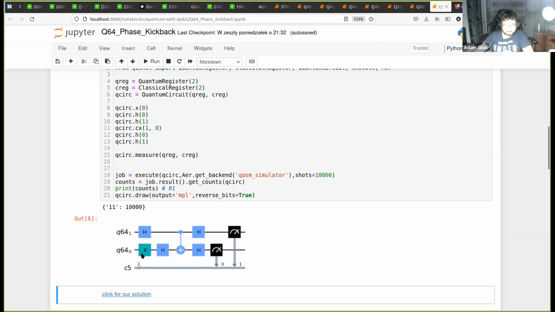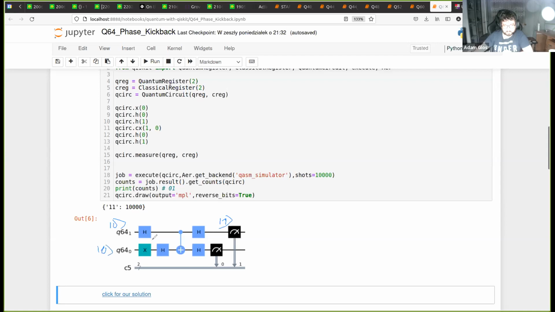Despite the fact that we were changing only this qubit, and that control was made in here, we also changed this qubit from 0 to 1.